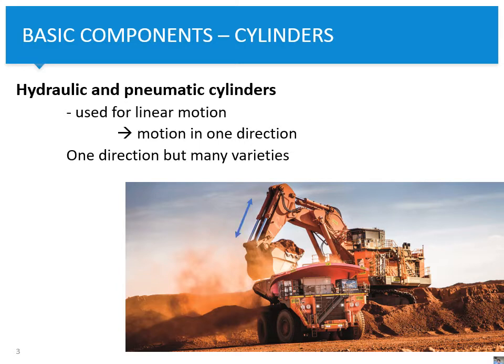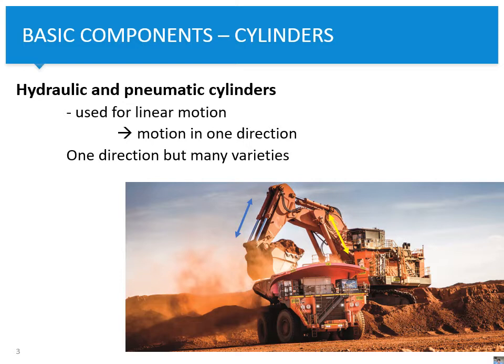Like you can see over here at the excavator, there are two cylinders at the blue arrow, and they can only move in the direction of the cylinder itself. The same happens at the other cylinder, and there's one cylinder on top as well. So there are no other possibilities of moving the cylinder, but of course it can extend and it can retract.